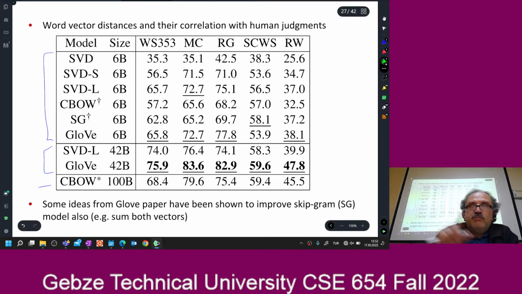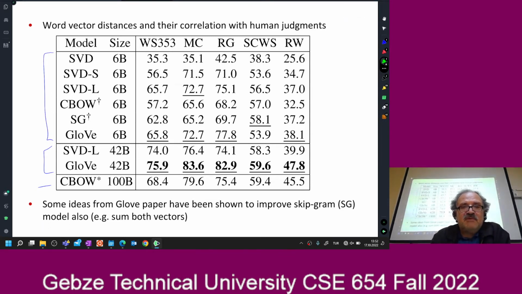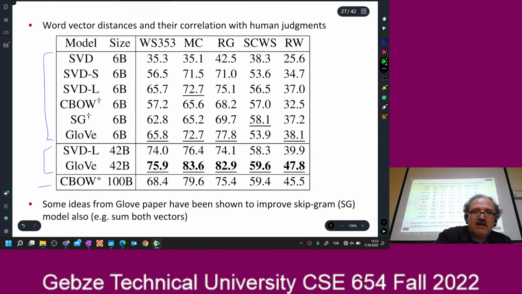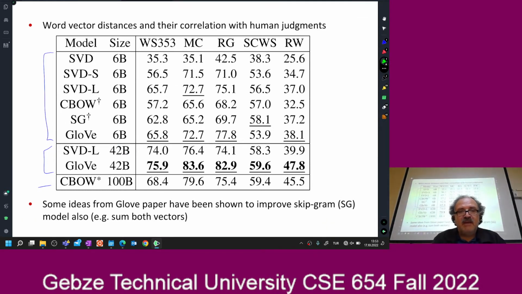GloVe is the combination of this skipgram and the co-occurrence matrices, okay? So if you train your system on 6 billion tokens, a very large number, these are the results, and nice. If you train it on 42 billion, then this is what I would get, right? It's very, very good. And somehow if I can get this 100 billion data set, the numbers are all higher.